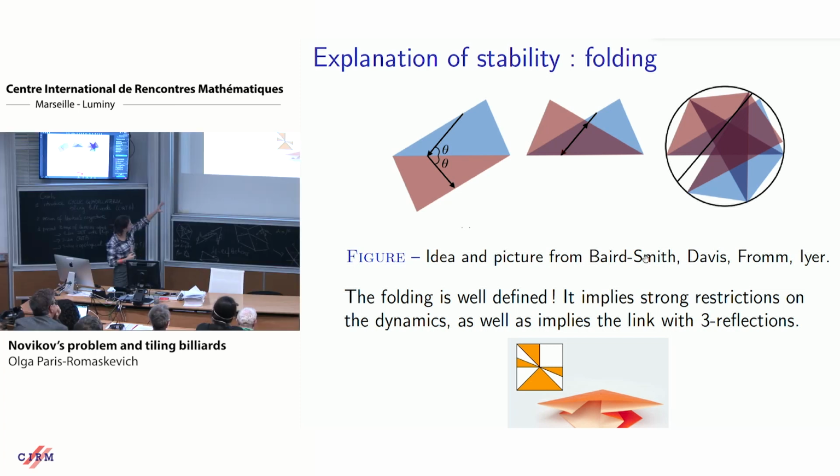This folding picture actually also implies the connection with three reflections that I presented to you at the beginning. So here we connect triangle tiling billiards with the family of three reflections that I defined in the first part, because you see the way you place the chord is defined by one parameter.